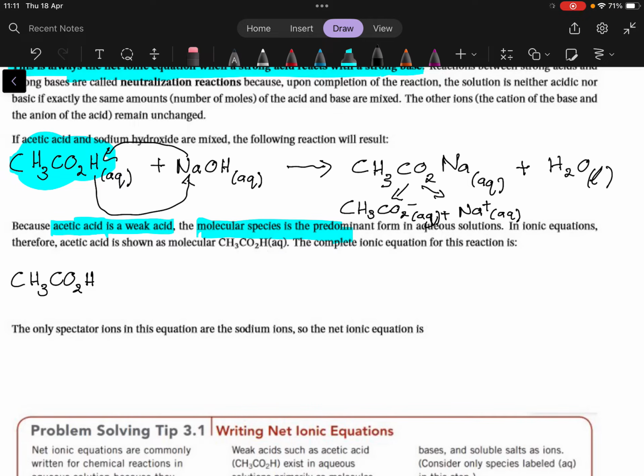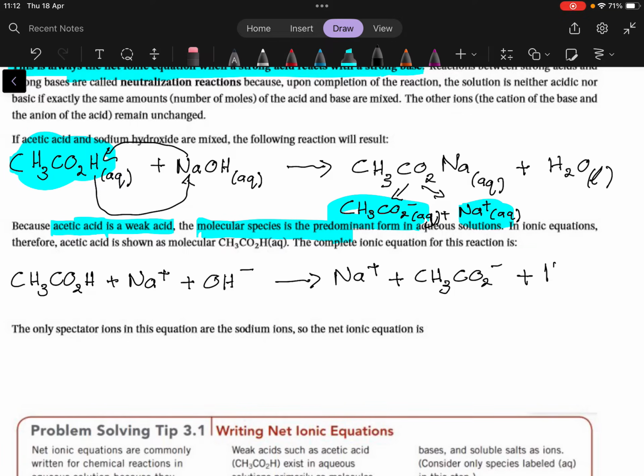I'm just going to leave out the phases so we can get through this a bit quicker. Sodium hydroxide is a strong base, so it splits into its constituents. The sodium acetate splits into its constituents because it can dissolve in water, CH3CO2 minus plus sodium, plus water.